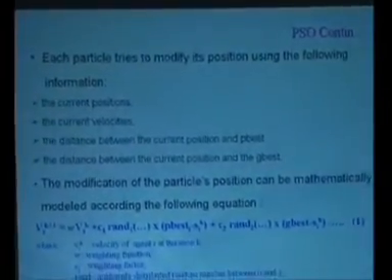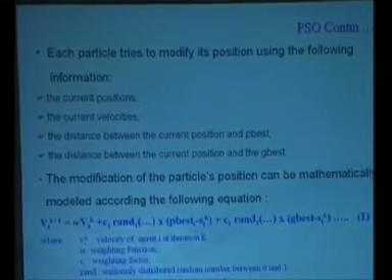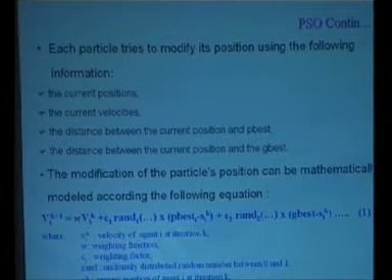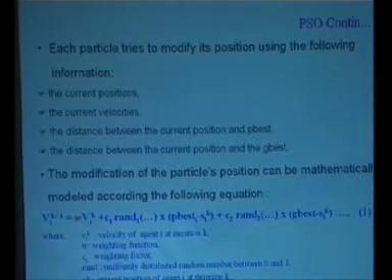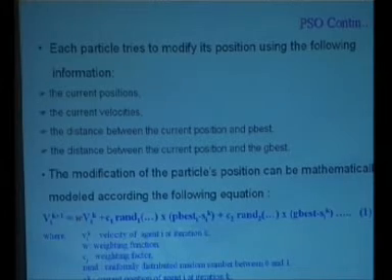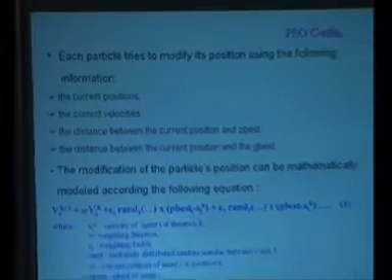each particle tries to modify its position. Position means, if you have one variable, only one direction. If you have three variables, you update x1, x2, x3, so that in three dimensions it moves from one coordinate to another.